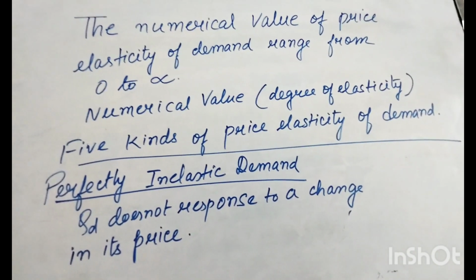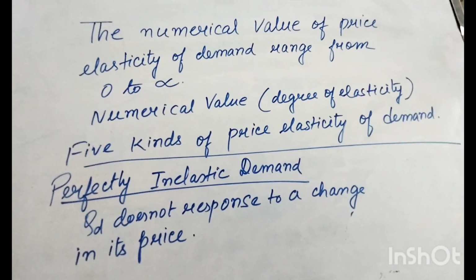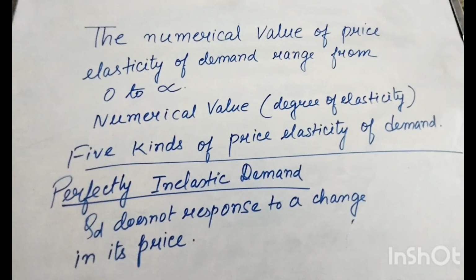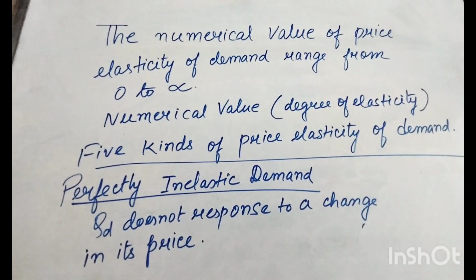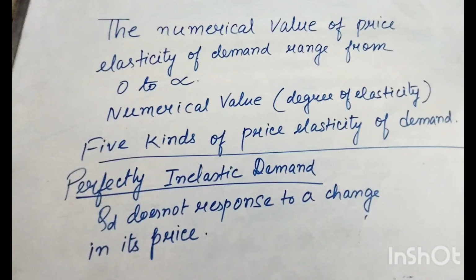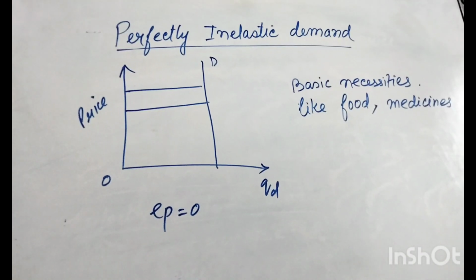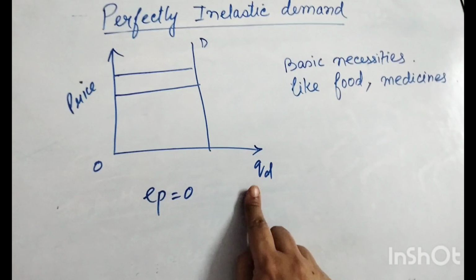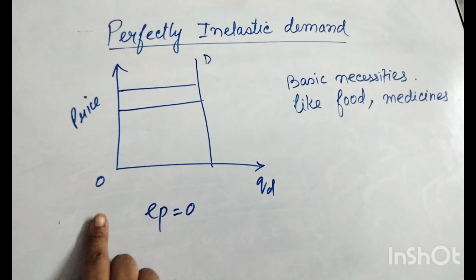First is perfectly inelastic demand. Perfectly inelastic demand means the quantity demanded does not respond to a change in the price. Whatever the change in the price, your quantity demanded won't change. So how can you draw the diagram of perfectly inelastic demand? Here we are measuring quantity demanded on the x-axis and price on the y-axis.